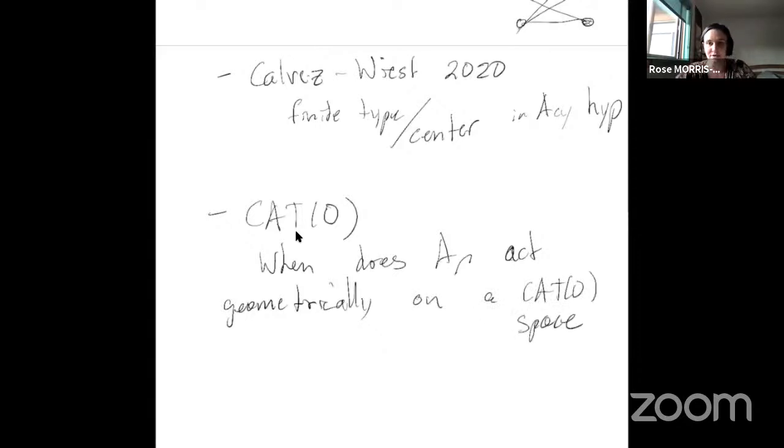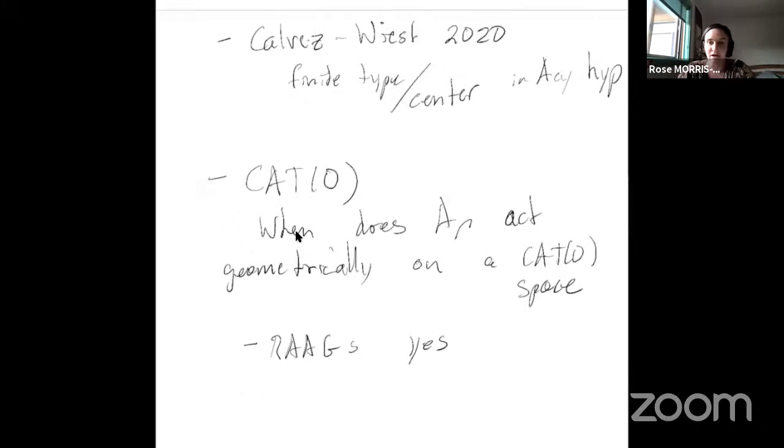It would be great if it was a cube complex, but I'm not even insisting on that, right? And so what are the known things? The known things are that RAAGs, right-angled Artin groups, yes, as you probably know. And then other than that, it's entirely open, right? This is in fact, I believe it's still open for at least some braid groups, right?